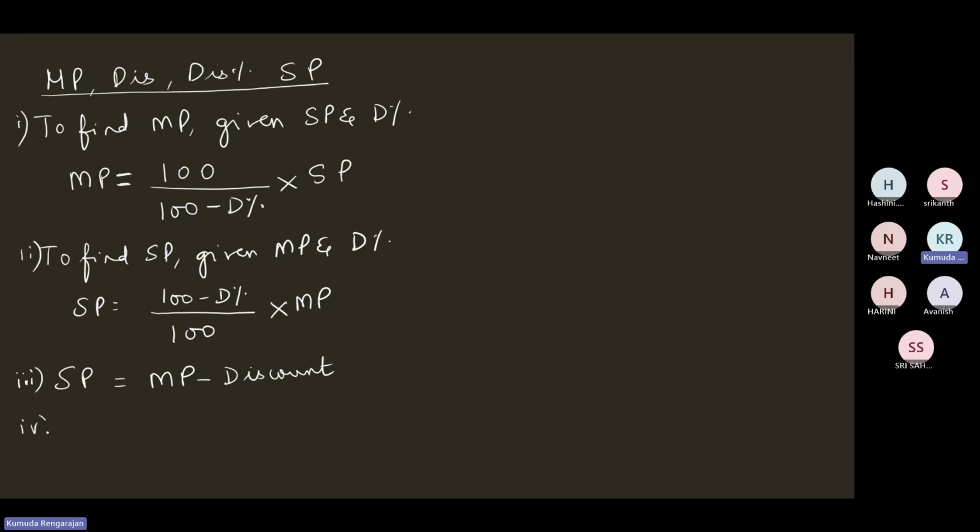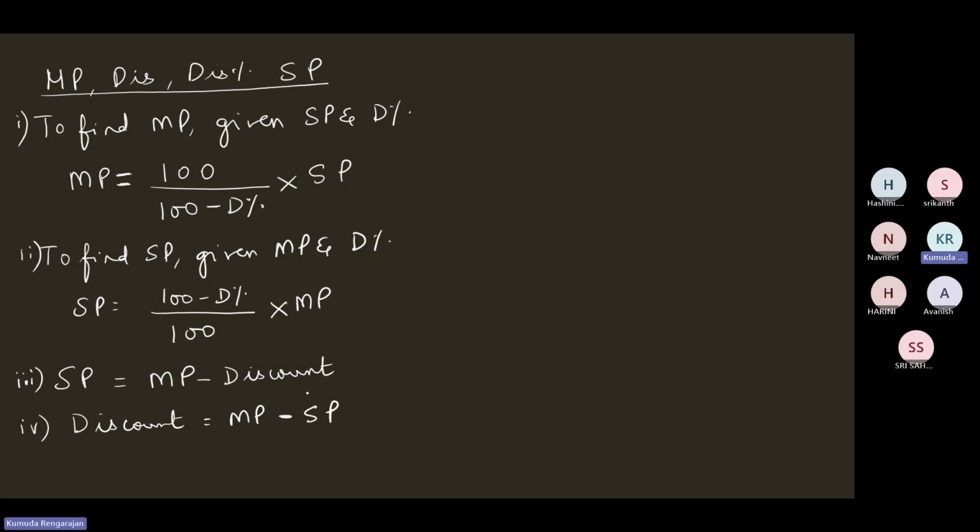What is discount? Discount is the difference between the mark price and the selling price. If there is a discount, the mark price is more and the selling price is less. The selling price is lesser than the mark price when there is a discount.